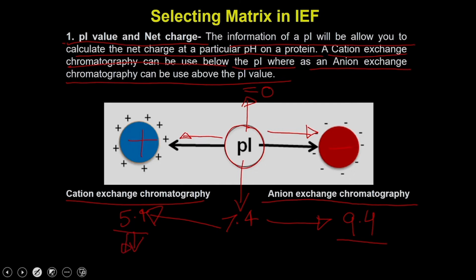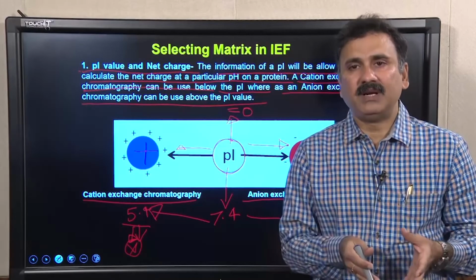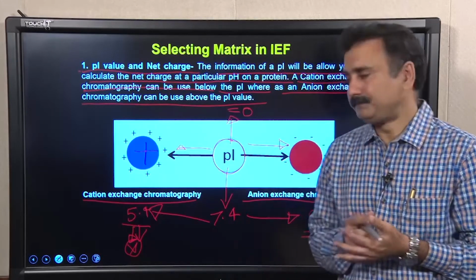If it is not maintaining the enzymatic activity or the 3-dimensional conformation at this pH, then we cannot perform cation exchange chromatography. Instead, we have to use anion exchange chromatography, and we also have to decide whether at that particular pH it is maintaining the stable 3-dimensional conformation as well as the enzymatic activity.